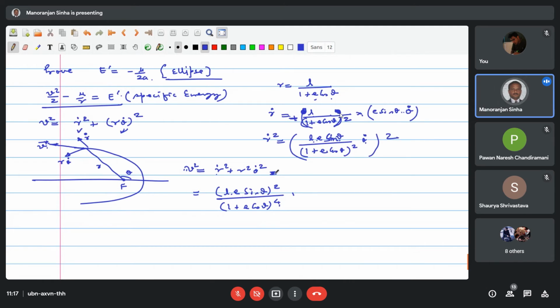So L E sin theta square we have already written, theta dot square. Theta dot is H by R square, so theta dot square will be H by R square whole square.